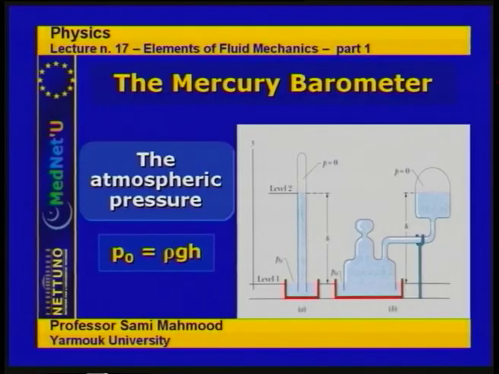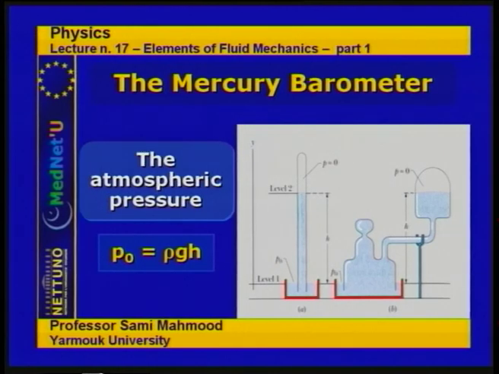And if we look at this picture, the barometer consists of a tube that is filled, as in part A of the figure, with mercury, and then we close it with our finger and flip it inside a dish full of mercury also.